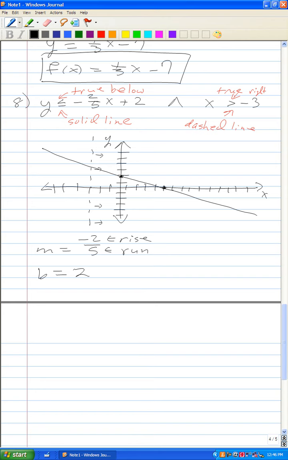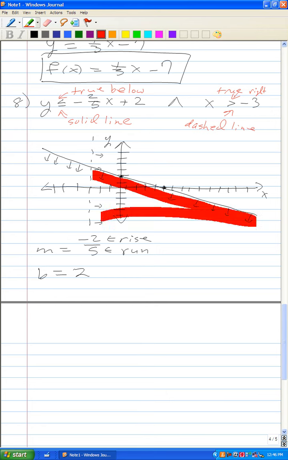And let's see, this is going to be true below. It's going to be true down in this region. Okay, so where it's true for both of them is in this region here. So I guess I'll do it in red. So this is your solution.